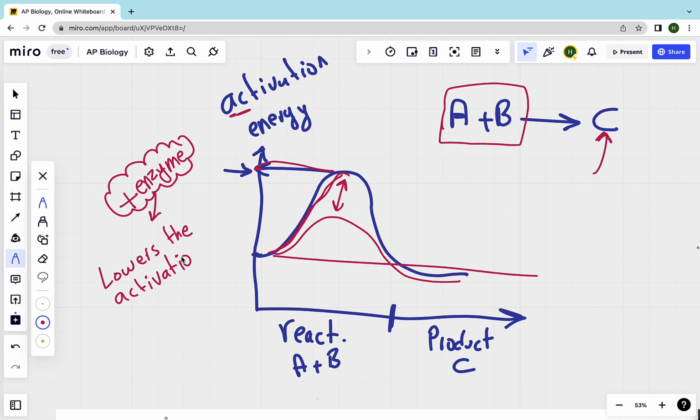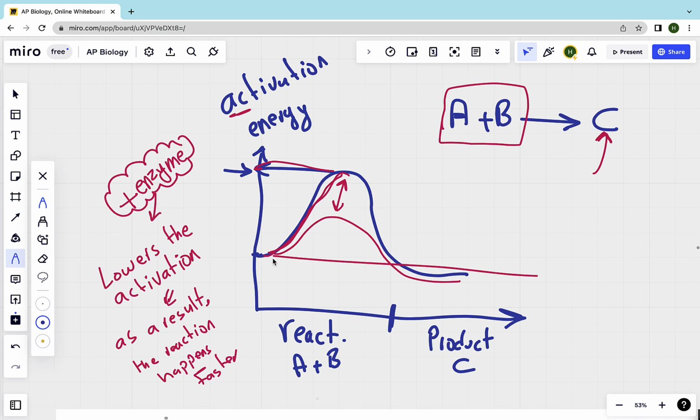As a result, the reaction takes place faster. So, let's say this amount of energy, look at this, the blue one.